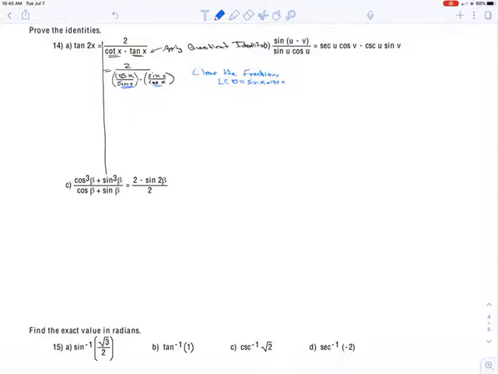So I want to multiply both sides by that. So again, multiply by LCD. If we multiply by a common denominator, we'll be able to divide out those denominator factors. So we're going to multiply by sine x cosine x, with the numerator and the denominator.